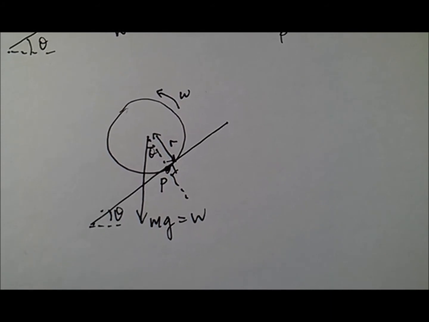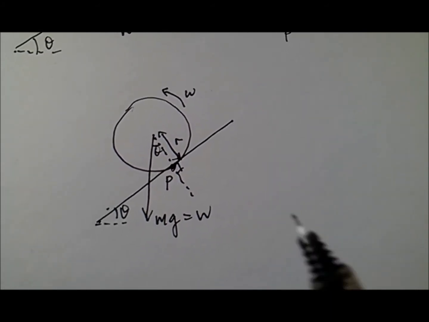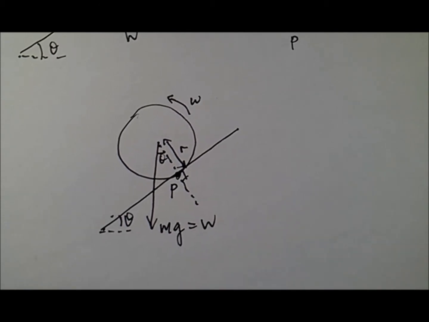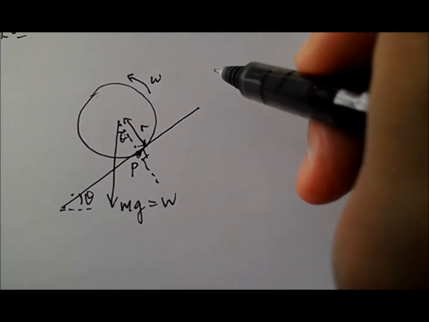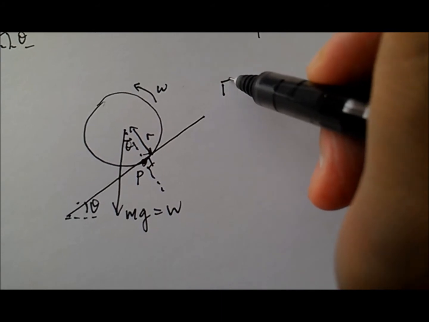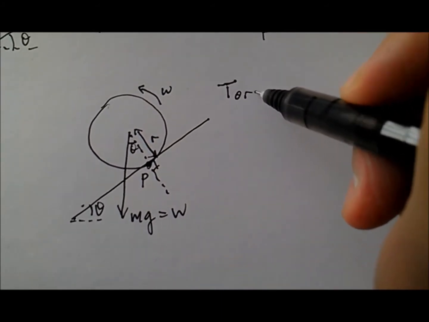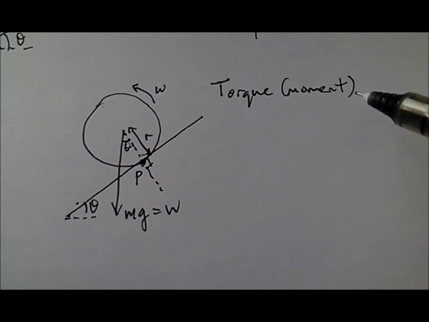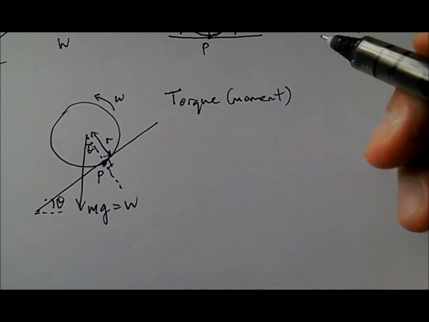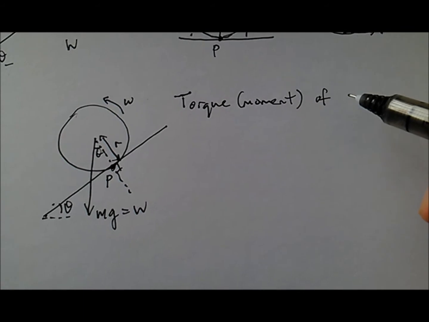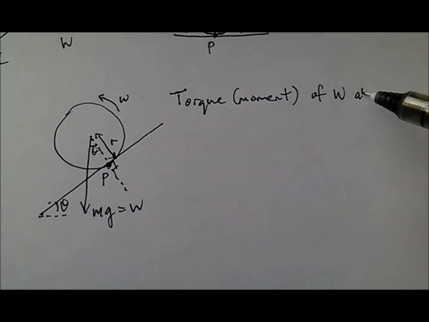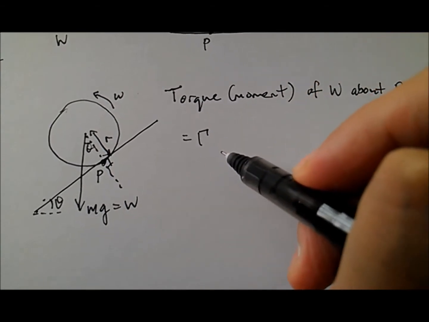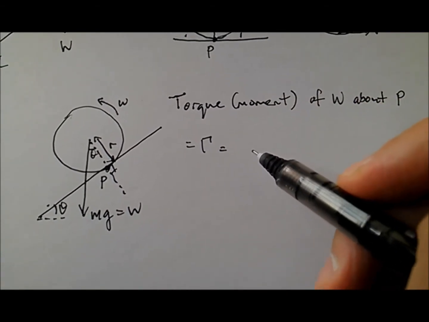So what is the torque or moment exerted by this mg, the weight, on the ball, about P? So let's work it out. Torque, also known as moment, of the weight about P is torque equals force times distance.